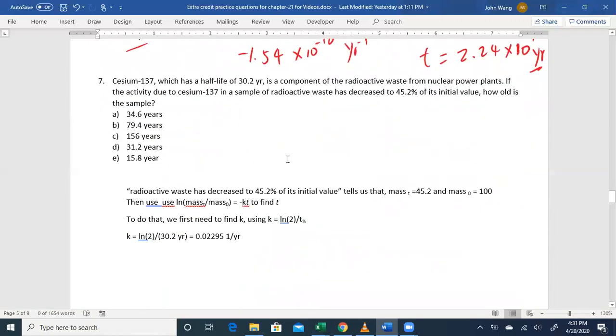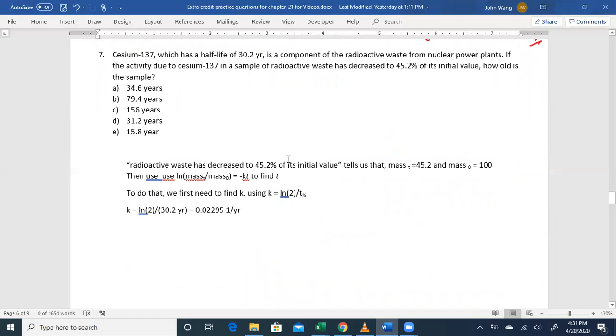Okay, so the next question is very similar. It is about radioactive decay. Cesium-137 has a half-life of 30.2 years, a component of radioactive waste from a nuclear power plant. If the activity due to cesium-137 in a sample of radioactive waste has decreased to this much of its initial value, how old is the sample?